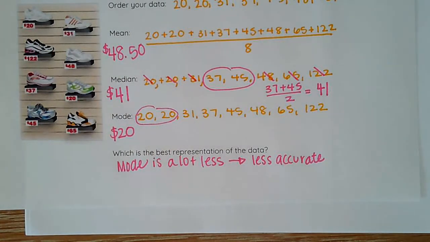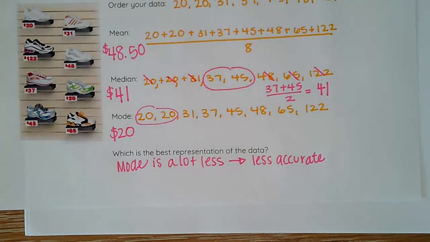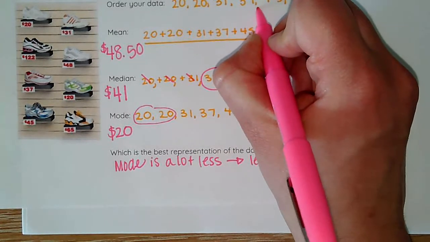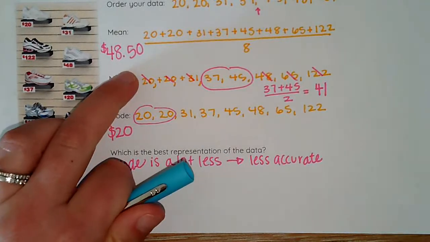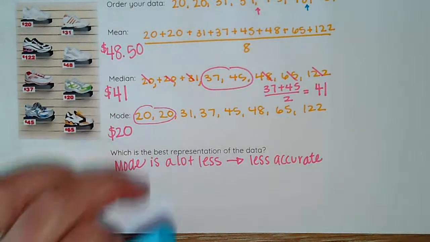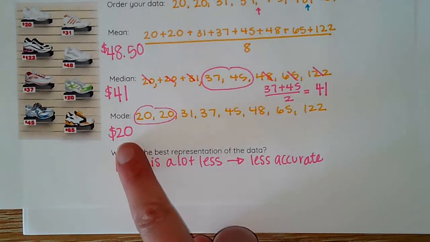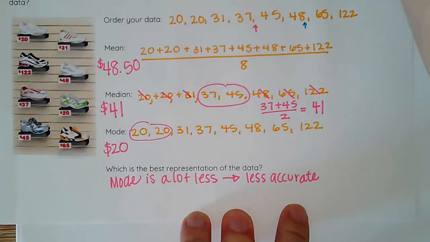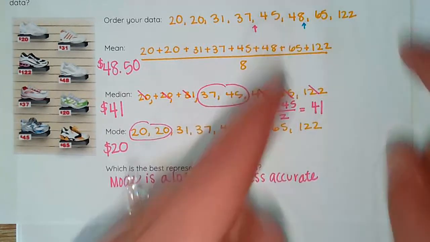Now we take a look here at that $48.50 and that $41. And again, this is why having your data in order is beneficial. So let's look to that 41. Your 41 falls in like right here. And then your mean falls in like right here. Now, that $48.50, although not as crazy as that $20, there's only two pairs of shoes that are more expensive than that $48.50.